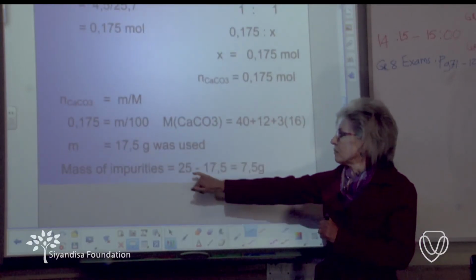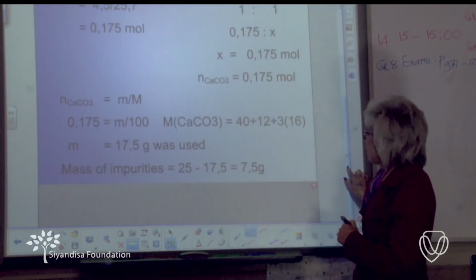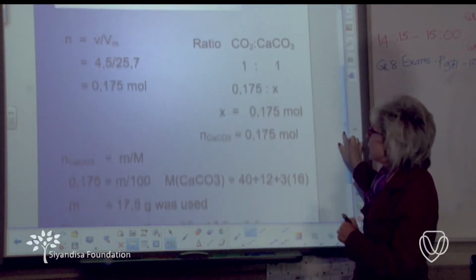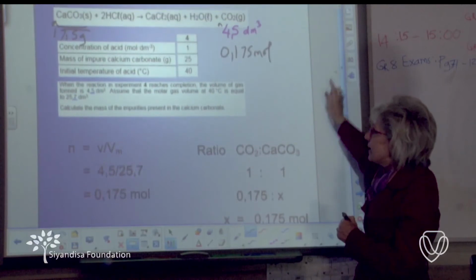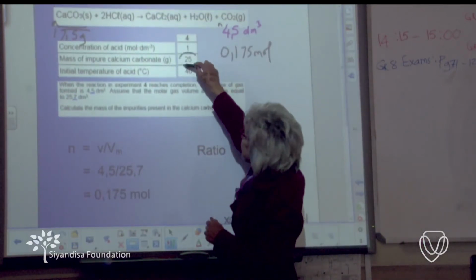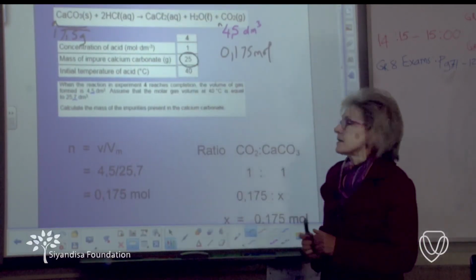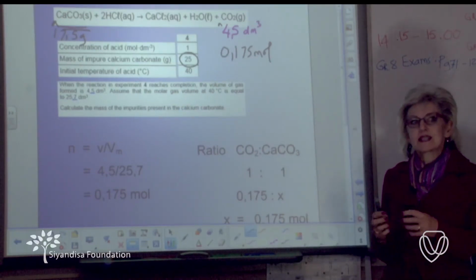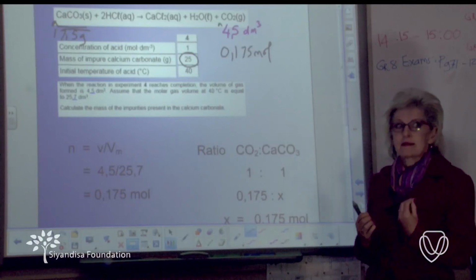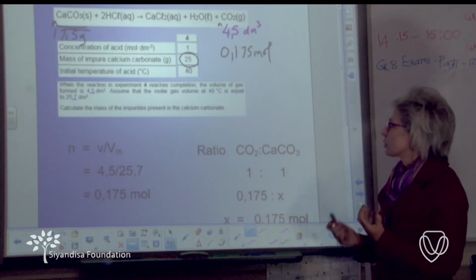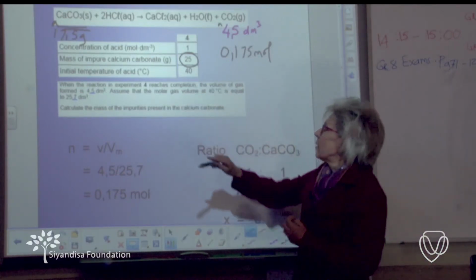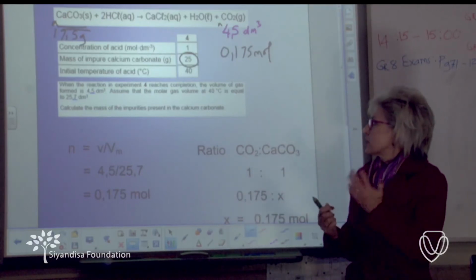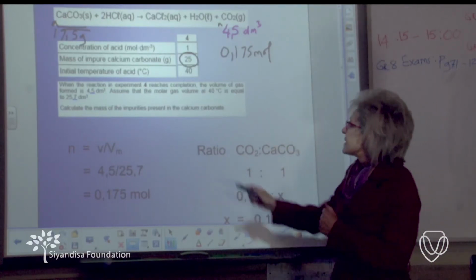Now, our initial mass of calcium carbonate was 25 gram. How do we know it? We didn't see it anywhere. No, we did. Here, in the table. So sometimes we miss information because we expect information in specific places. Remember, it wasn't given in the actual question there or in the initial sketching of the scenario. It was in the table.